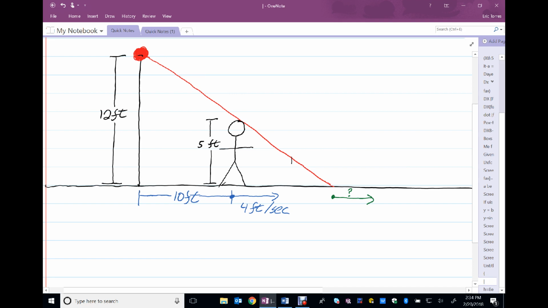Now, what we've got is several things moving here. So the shadow's length from the wall is unknown currently, and I will go ahead and represent that graphically.